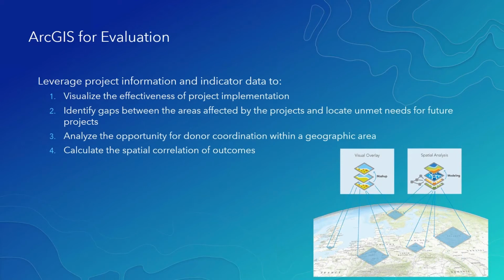So for example, if we're doing household surveys to determine whether women are going to their required prenatal visits that you're trying to track in this program, we can look and see if there's any trends, spatially or otherwise, pretty simply using ArcGIS. We can also look for gaps in service or potentially unmet needs.